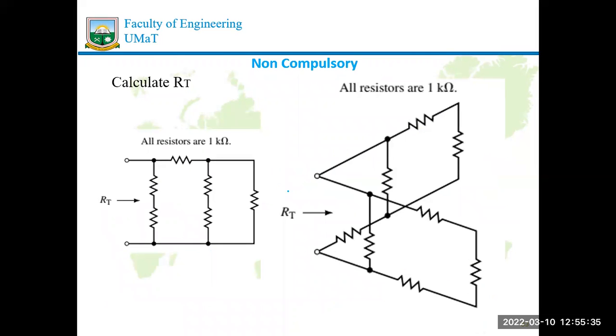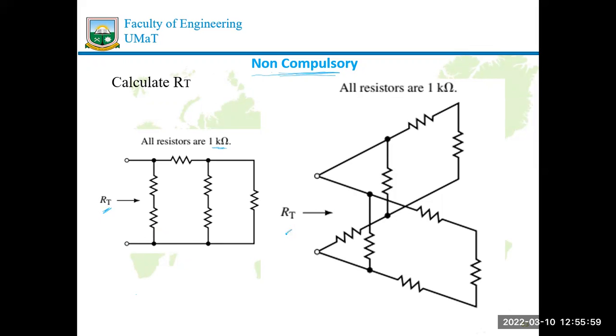All right, so here we have a non-compulsory assignment. It means I'm never going to take it. It's for you to try it. The first case, we have this diagram. For this diagram, we have resistors, and we've been told to take all resistors as 1 kilo ohm. So try and find the RT.